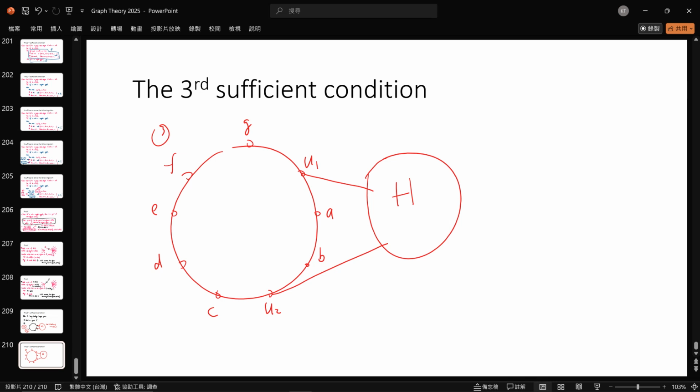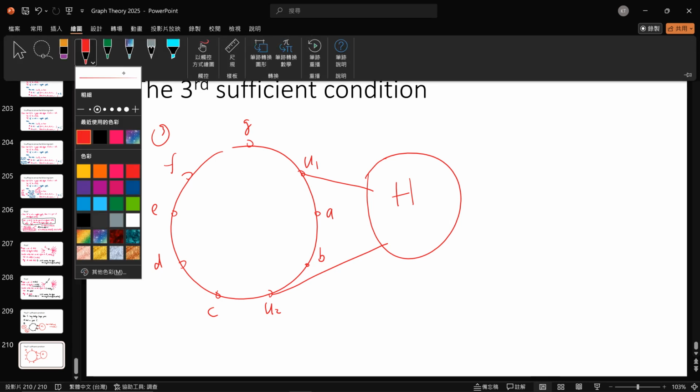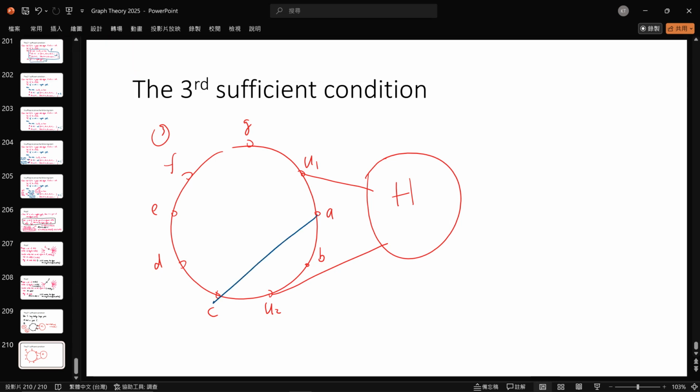So there are 9 vertices on the cycle plus some vertex in H. That is the cycle that I want. So I want to contain at least 10 vertices, but I need to add at least one edge. AC, right. So if I have this HAC, then there's a larger cycle.